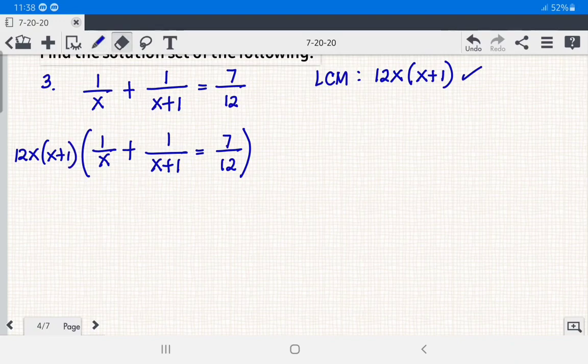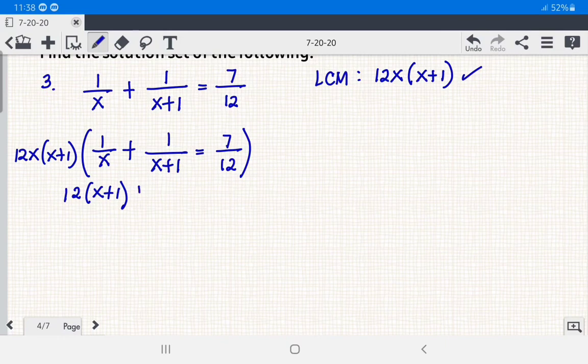Let's multiply. We have 12x times x plus 1 times 1 over x. Here we can cancel the x variable, then we have only 12 and x plus 1. So we have 12 times x plus 1.